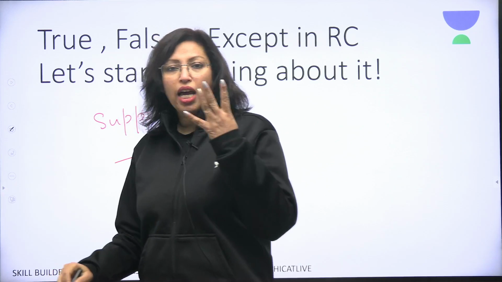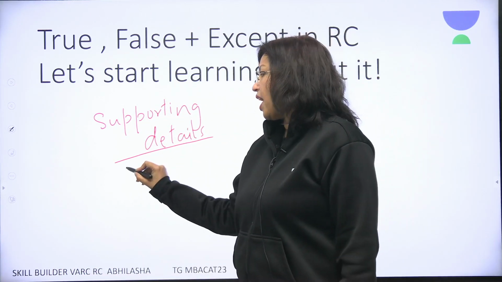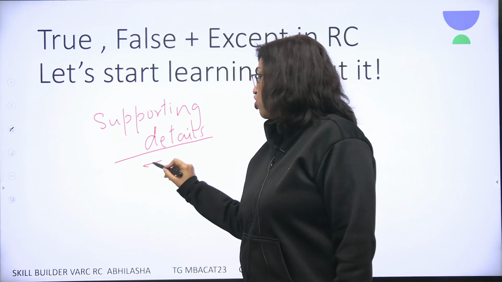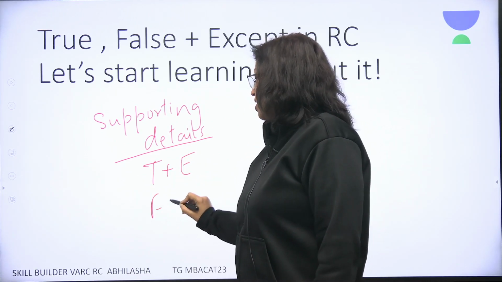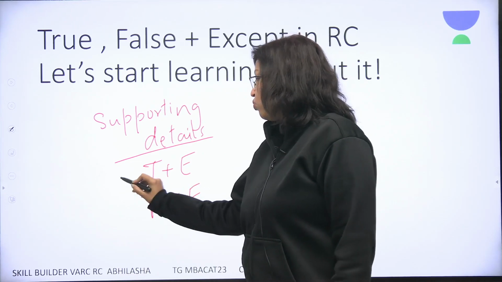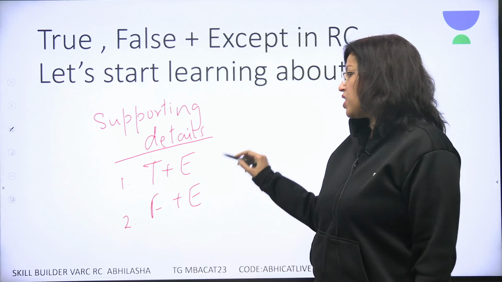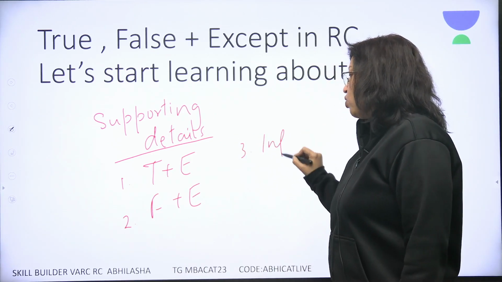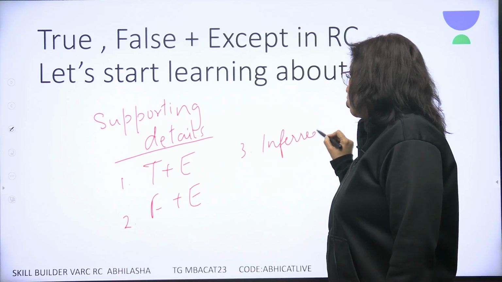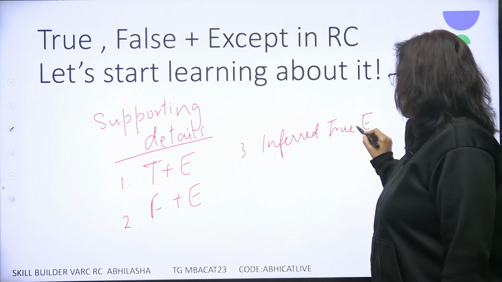There are 4 types of questions in true except or false except. So it can be as per the passage, something is true except, something is false except. So that is two types of questions. And then there are 2 types of questions which are based on inference also. So the question could be asking you which of these can be inferred to be true and then identify the except.